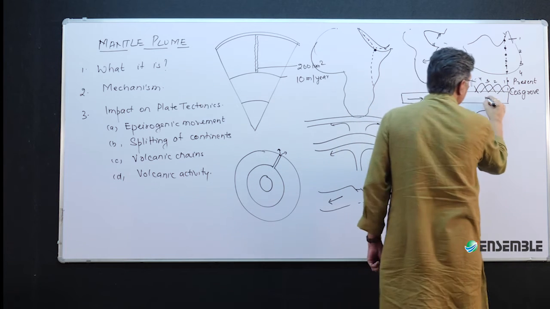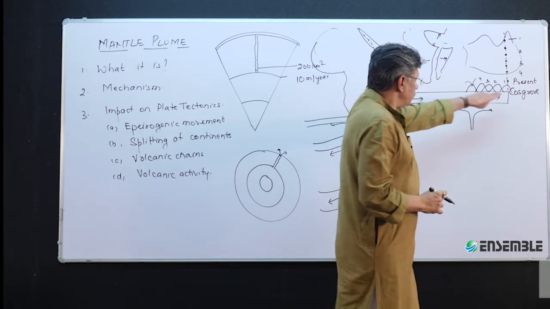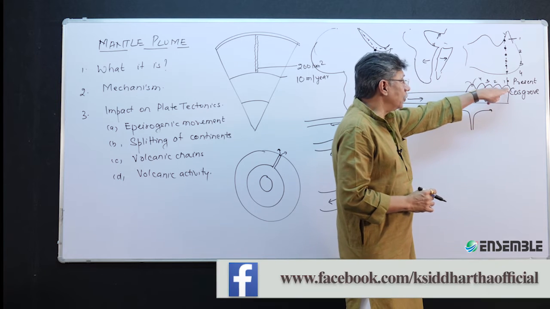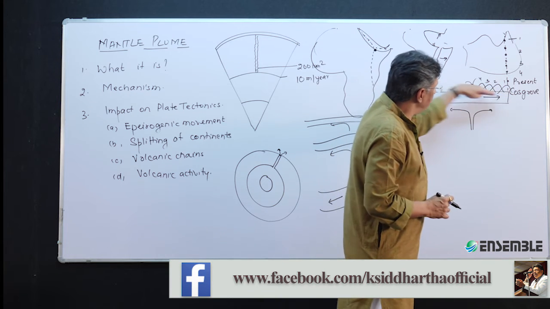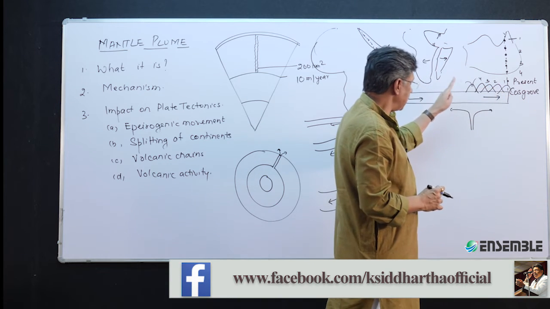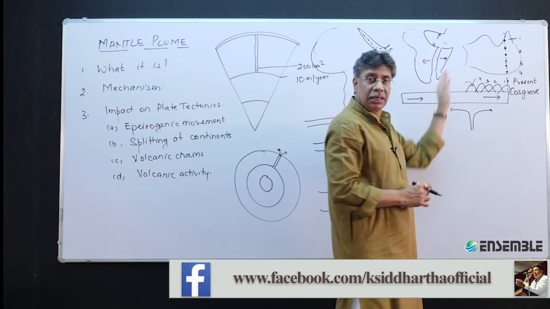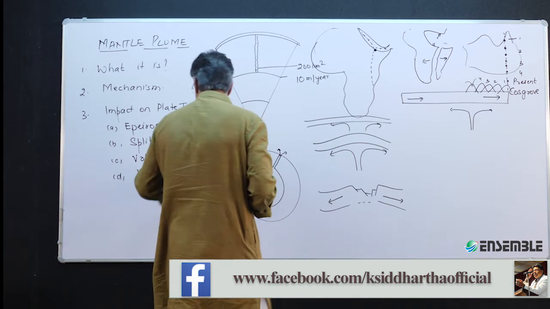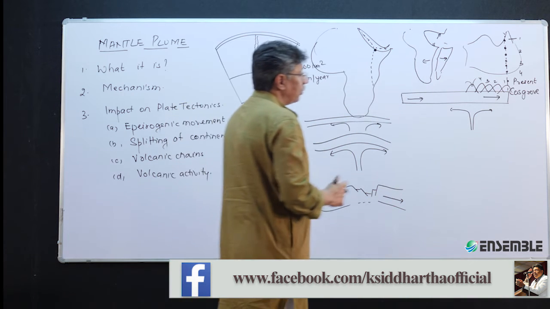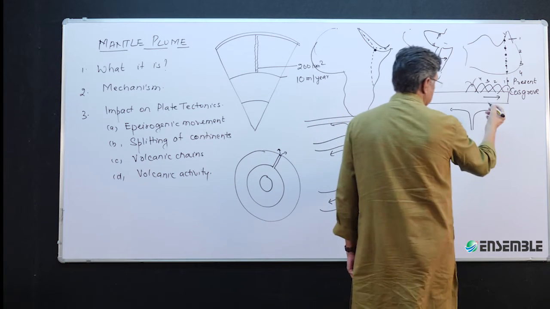As the plate moved, one volcanic cone was created, and that moved with the plate. Subsequently, another was behind, then another. It is in such a manner that a volcanic chain is established.